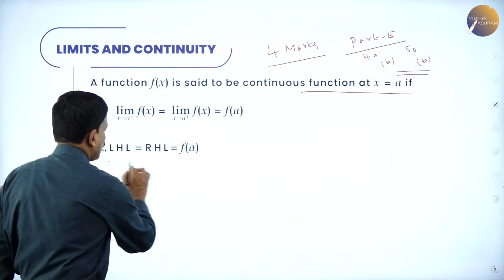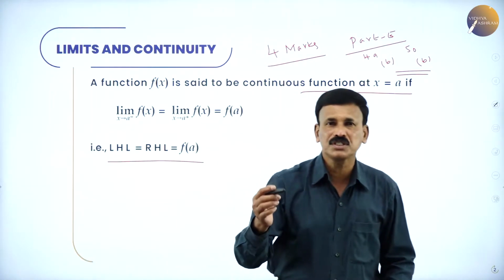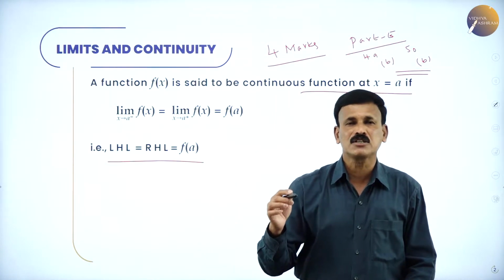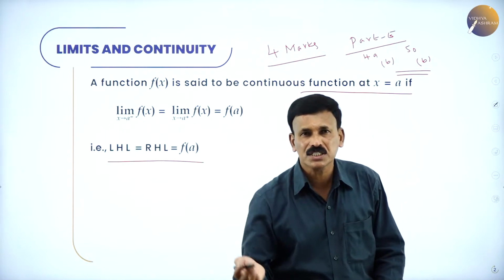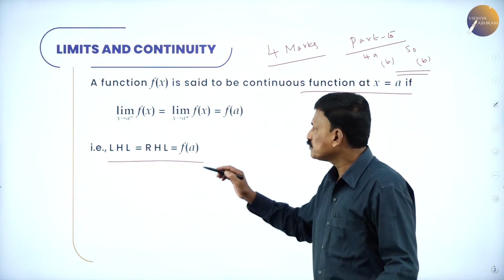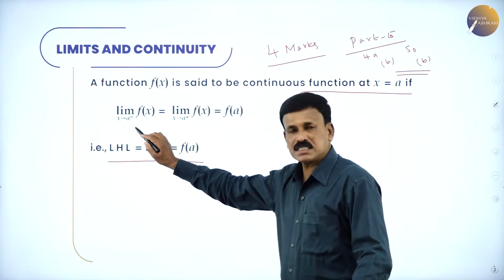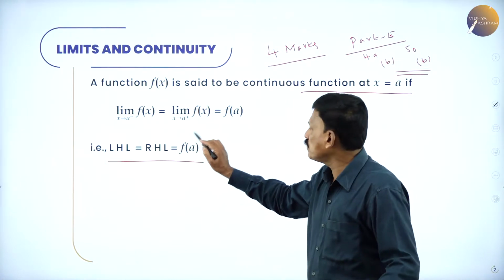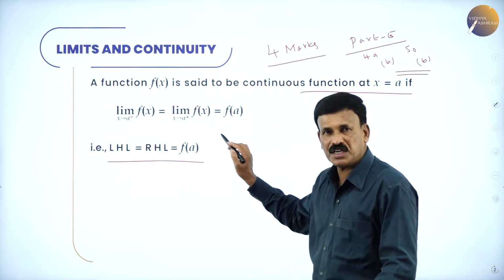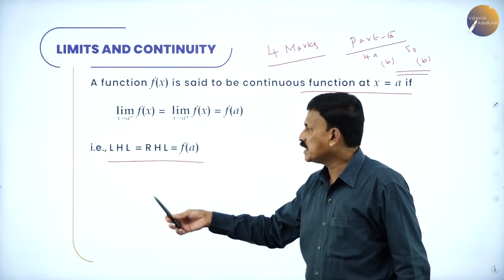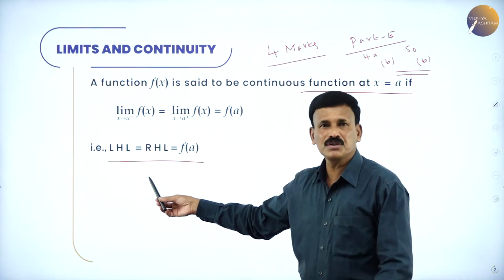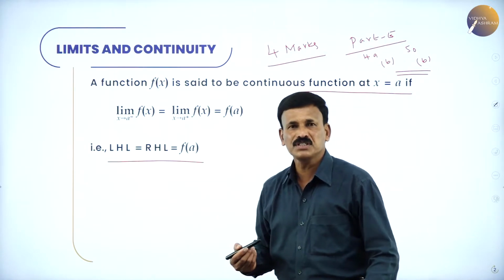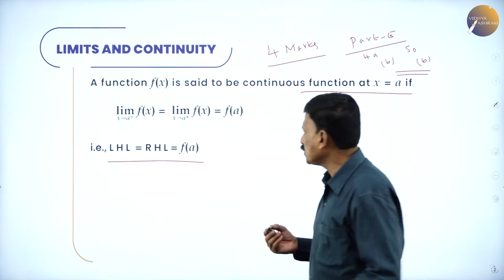That means if left hand limit is equal to right hand limit is equal to functional value, then the function f of x is said to be continuous at x is equal to a.